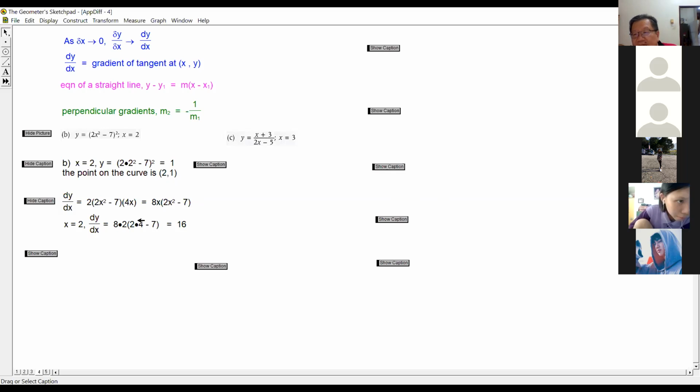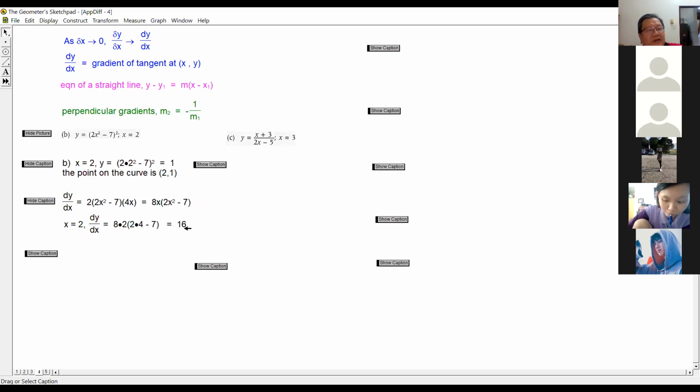Another name for dy dx is the gradient function. When you're dealing with equation of tangent and equation of normal, probably they will tell you dy dx is the gradient function. That's another name for dy dx. So substitute x equals 2 into the gradient function dy dx, you get 16, which means that the gradient of tangent is 16.